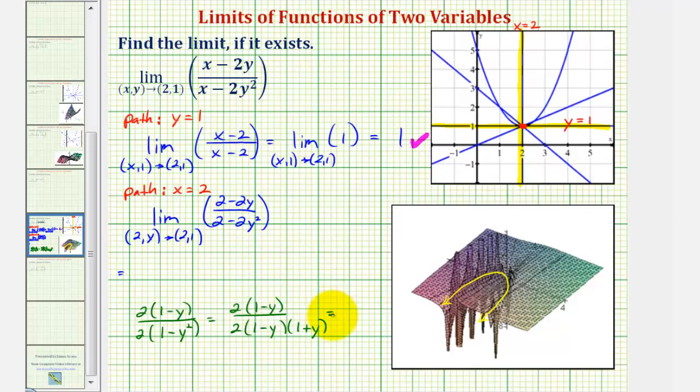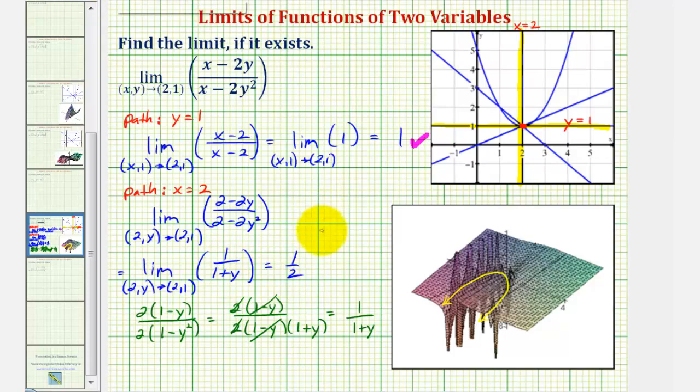And now when we simplify, notice how we have a common factor of 2 as well as a common factor of 1 minus y, so this simplifies to 1 divided by the quantity 1 plus y, which means now we have the limit as (2, y) approaches (2, 1) of just 1 divided by the quantity 1 plus y. So notice as y approaches positive 1, our limit would be 1 divided by 2, or 1/2.